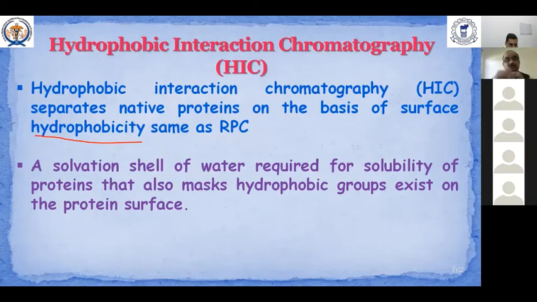The proteins are soluble due to the presence of charge over the surface of proteins, as well as a water film over the surface of proteins. This water film is called the solvation cell, and it actually covers up or masks the hydrophobic groups present on the surface of proteins.